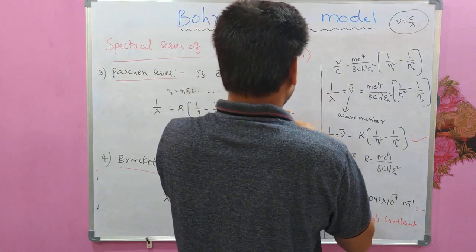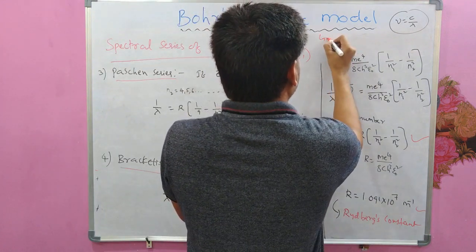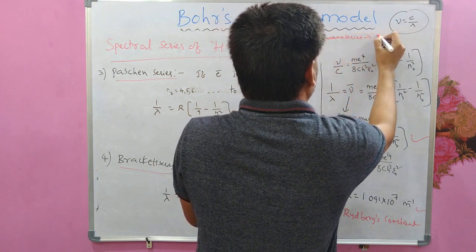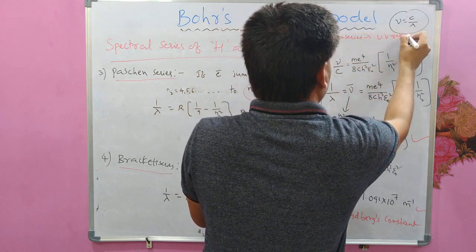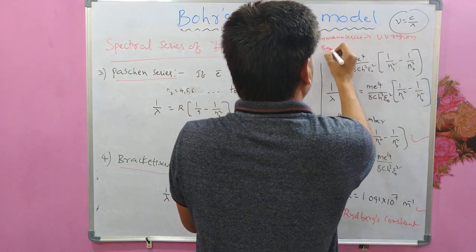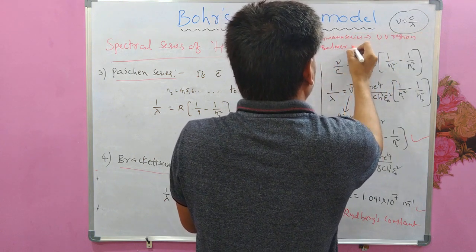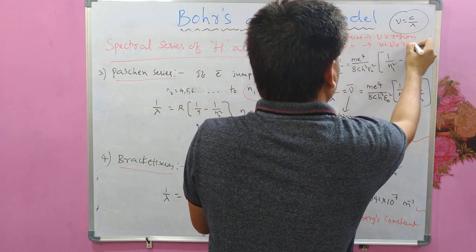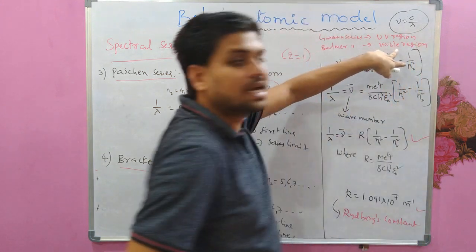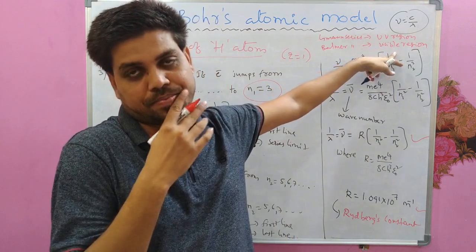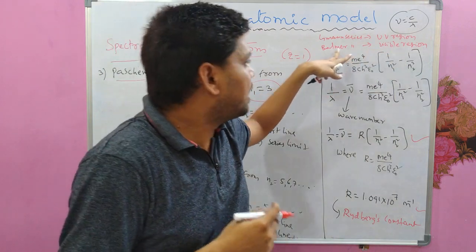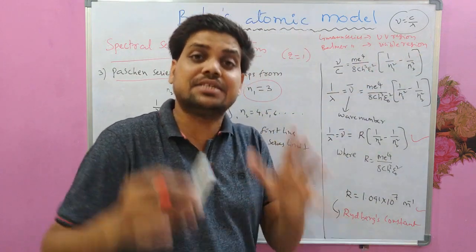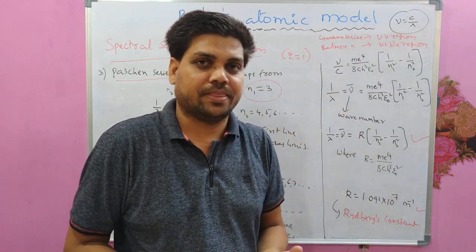Because the Balmer series is lying in the visible region, that is very, very important.